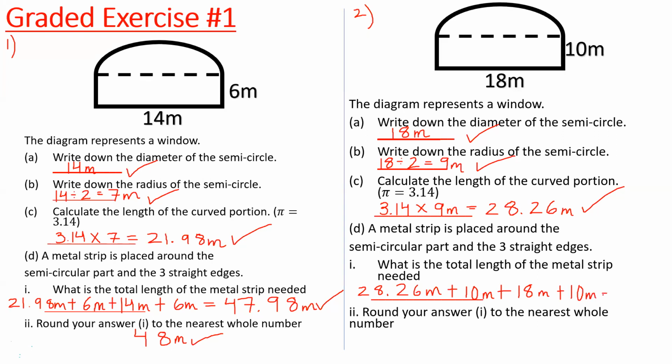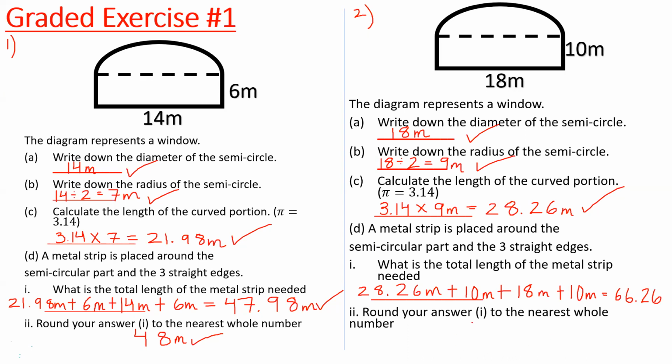66.26. So we have 28.26 plus 10 meters plus 18 plus 10. Very good, 66.26.